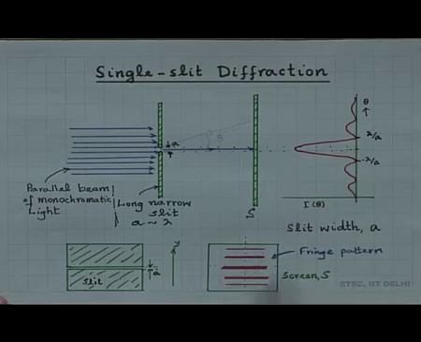So, on the screen behind you will see straight line fringes like this, and this is called single slit diffraction. So, I have just introduced what diffraction is and what is meant by single slit diffraction.